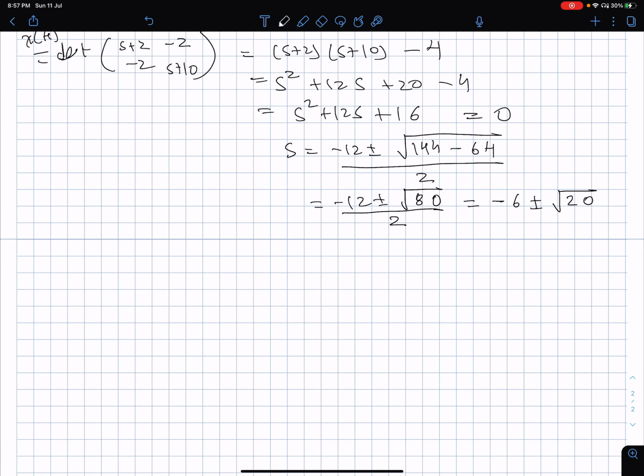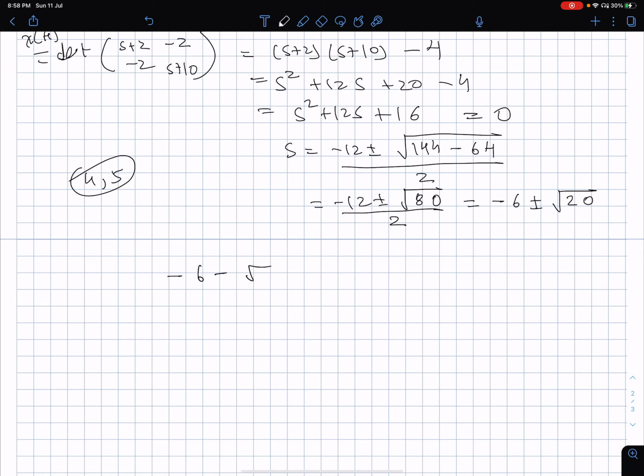Let's calculate the square root of 20. So 4 4s are 16, 5 5s are 25. So it's somewhere in between 4 and 5.